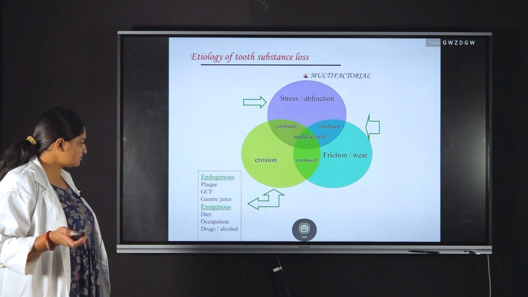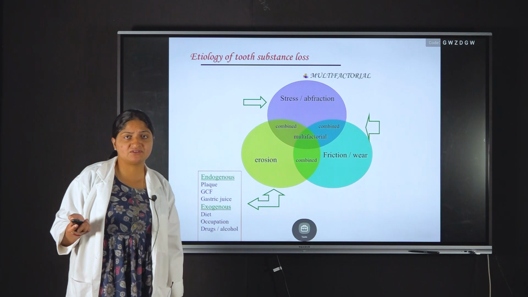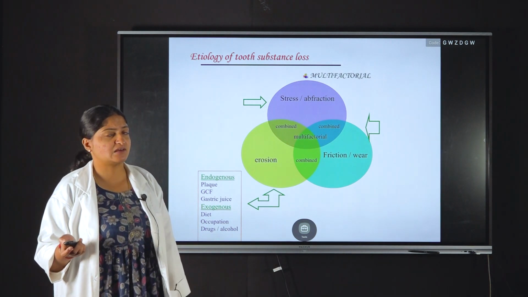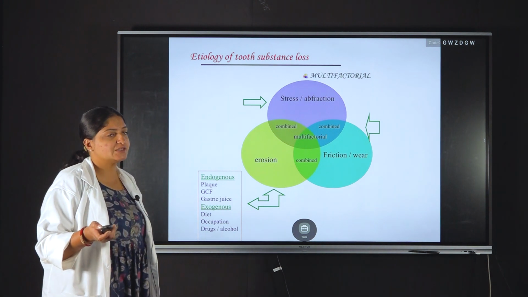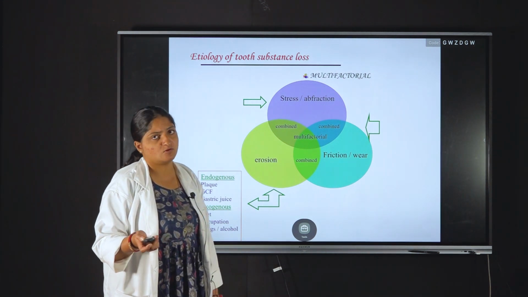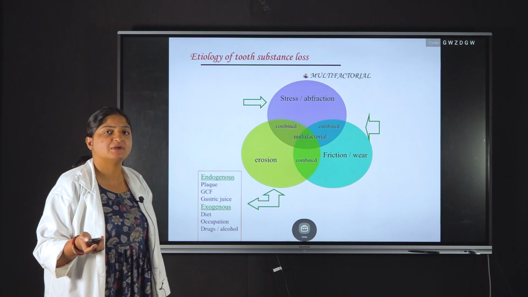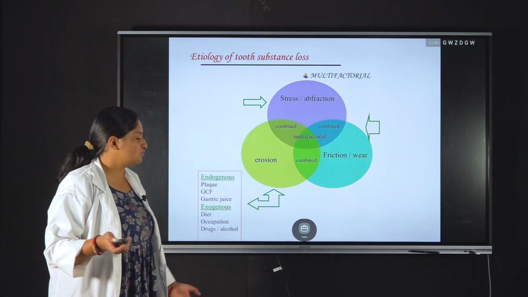Some drugs like tetracyclines cause orangish discoloration of the tooth, and excess consumption of alcohol leads to enamel loss or erosion, and it may lead to tooth wear.